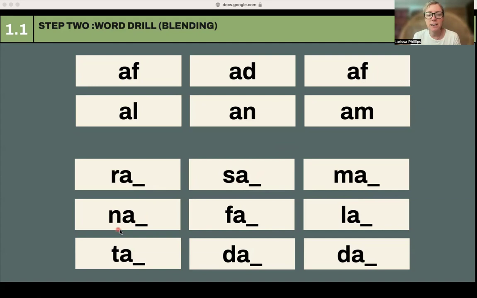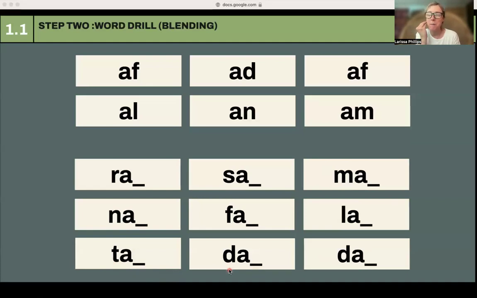Okay. Na, fa, la, ta, da. Again, da. Some of these sounds like t and d can't be stretched out.